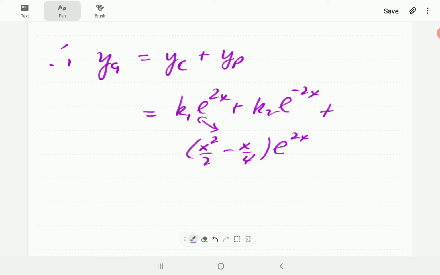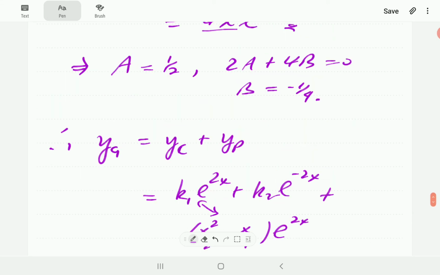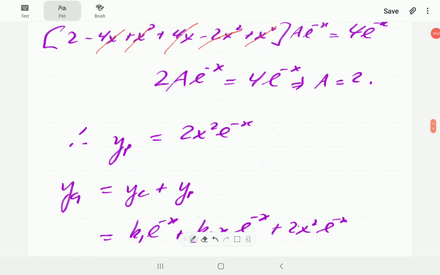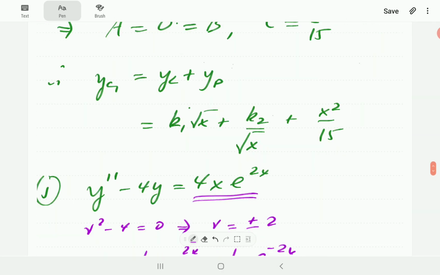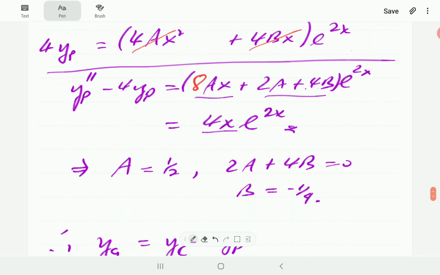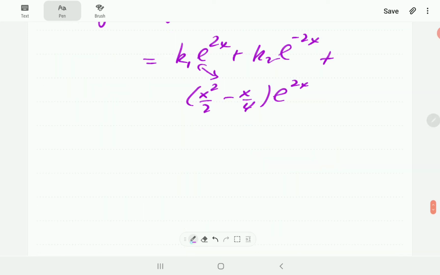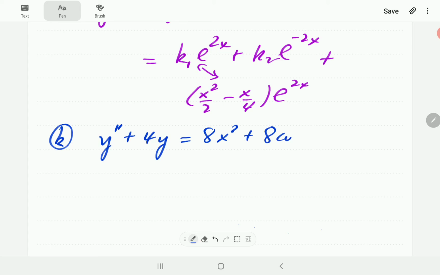Okay, our last problem here is k. So k has got y double prime plus 4y equal to 8x squared plus 8 cosine 2x.